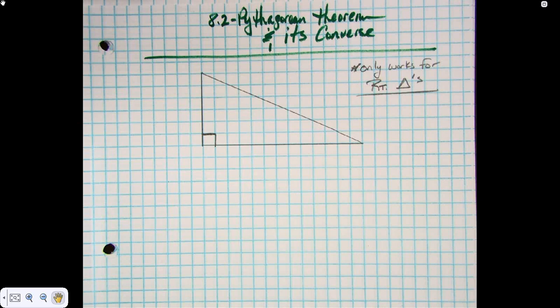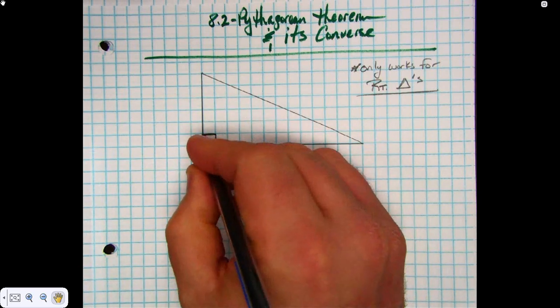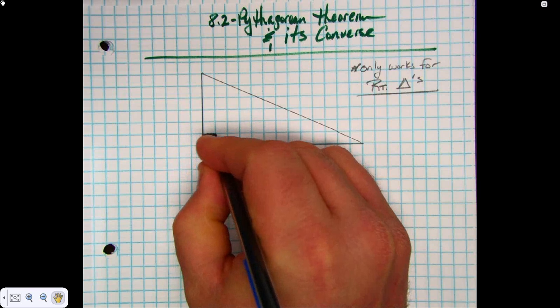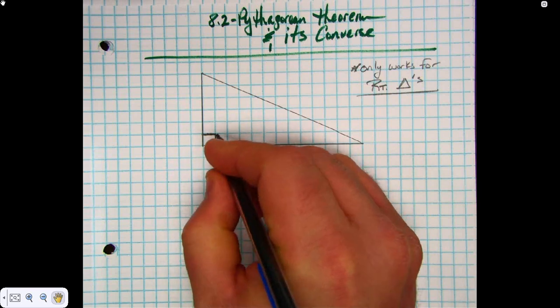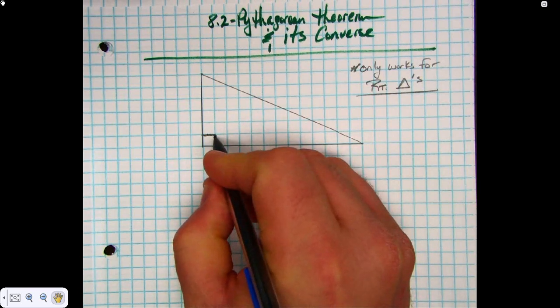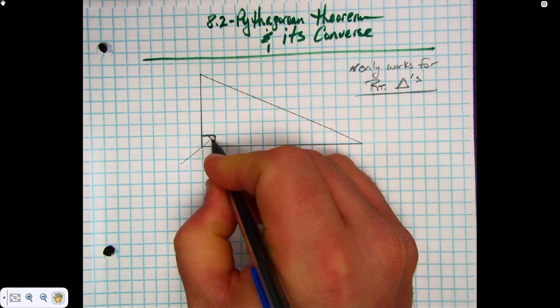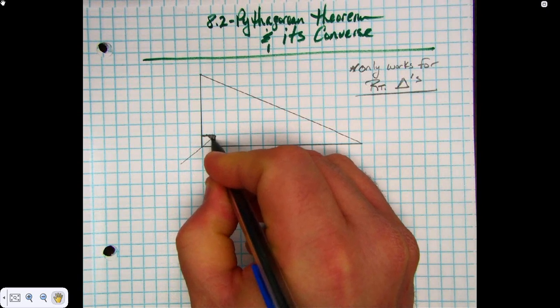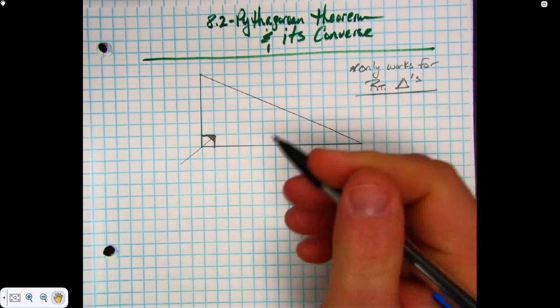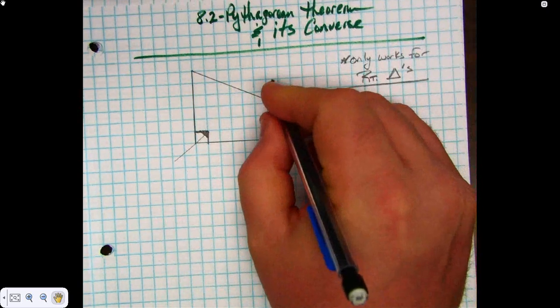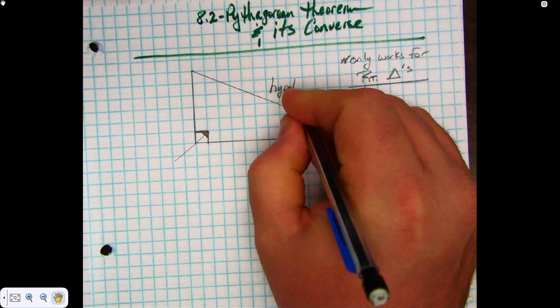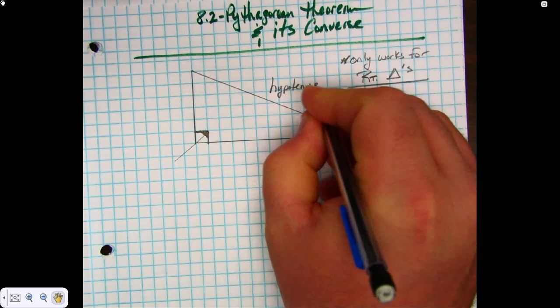And it's a simple drill. If it's a right triangle, what's drawn? Always, this little square right here. Well, if it was the end of an arrow, you know what it always points at? It always points at the hypotenuse.